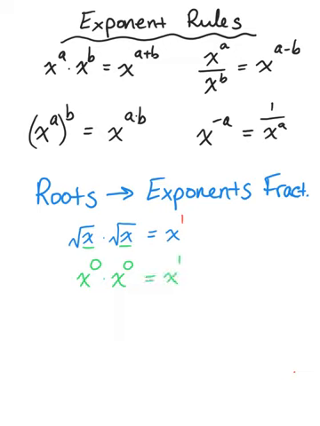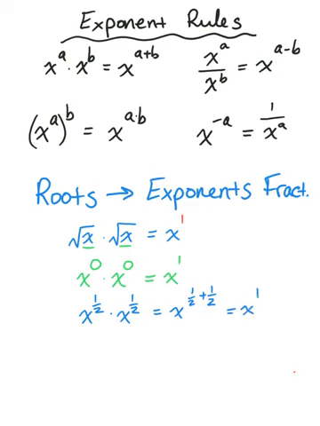Now these two somethings are the same. Well, what plus what equals 1? If you think of fractions, this is actually telling me that my something is a half. A square root is represented by a half. So 1/2 plus 1/2 equals 1.